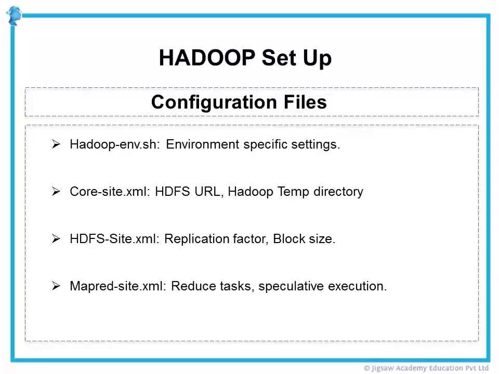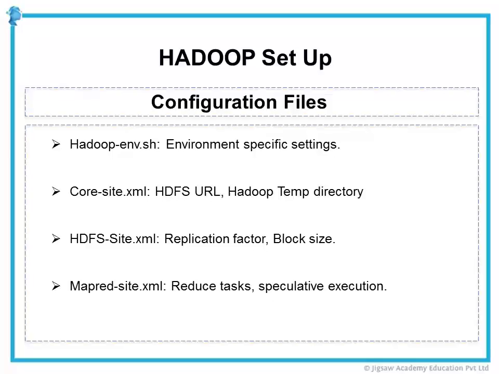And then you have the core-site.xml. This file contains configuration settings for Hadoop core, such as IO settings that are common to both HDFS and MapReduce. It also contains system level Hadoop configuration items such as the HDFS URL and Hadoop temporary directory. Then we have hdfs-site.xml.